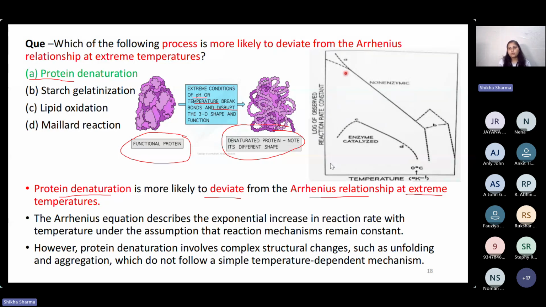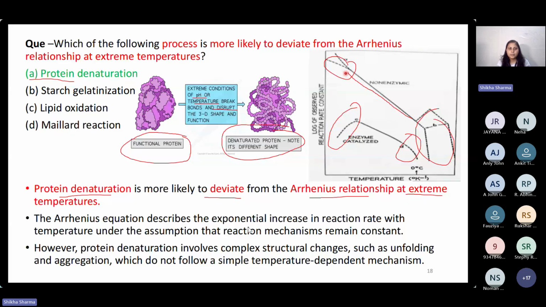When we plot the log of the reaction rate with respect to temperature for a non-enzymatic reaction, the variation will be at extreme temperatures, here and here. Also for enzyme-catalyzed reactions, here and here, there is variation; it's not a straight line, there will be deviation.